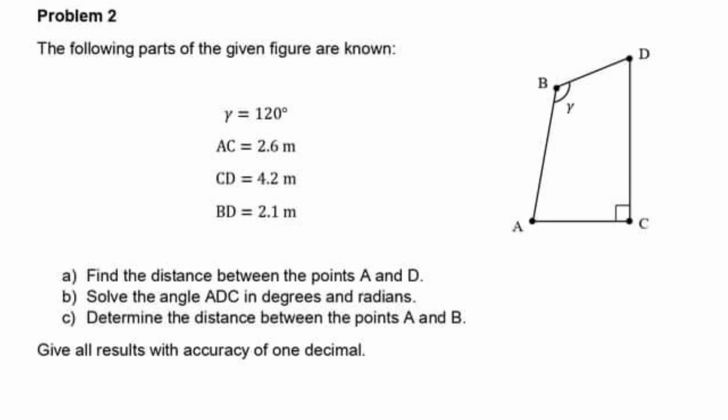Question B asks to solve the angle ADC in degrees and radians. You should find the angle ADC in both degrees and radians. And the last one is to determine the distance between points A and B, for which you should use the distance formula. Give all answers with an accuracy of 1 decimal only.